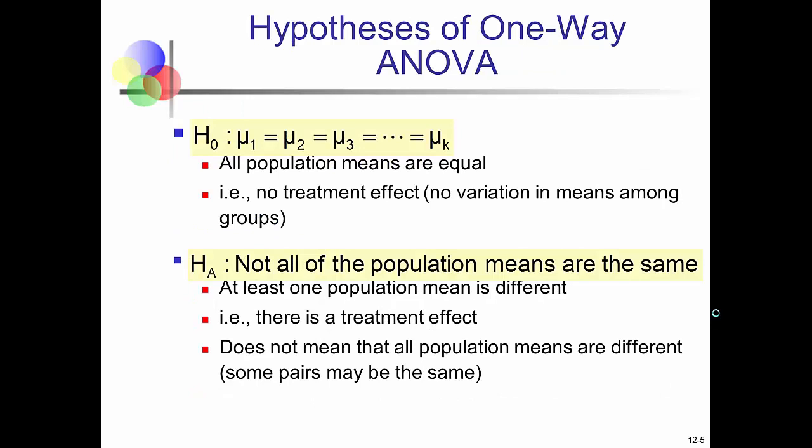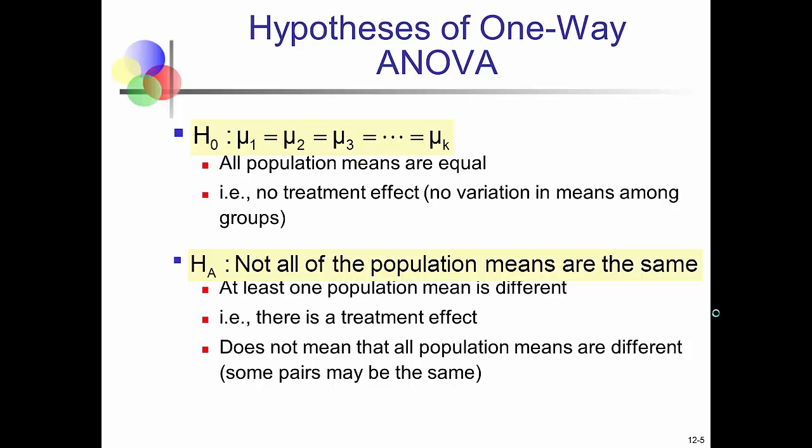The hypothesis test that we will conduct for a one-way ANOVA will assume a null hypothesis of each of the means from each of those populations being equal. All population means are equal, or there's no difference between the levels of this factor. There's no treatment effect, there's no variation across the groups. Our alternative hypothesis will be that at least one of those population means is different from the others.